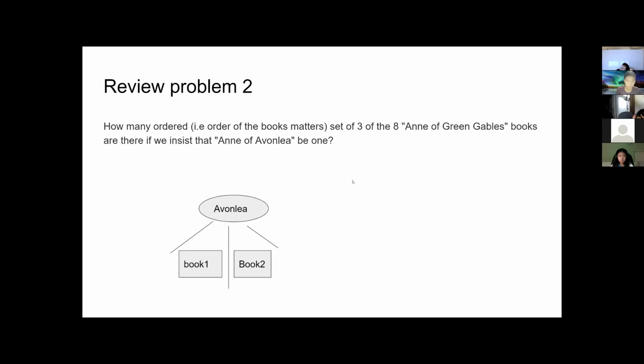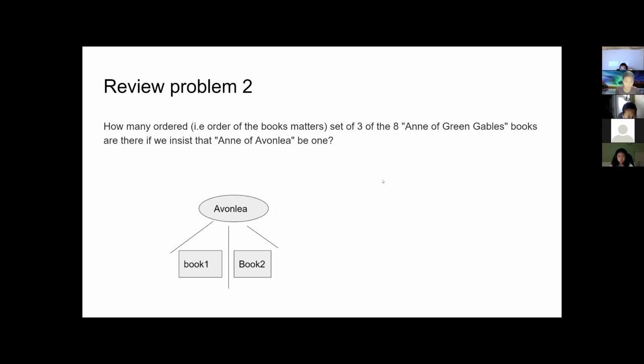P(7,2) is how many ways you can choose 2 books from 7. And then, since it's an ordered pair, you still have to include the Anne of Green Gables book.